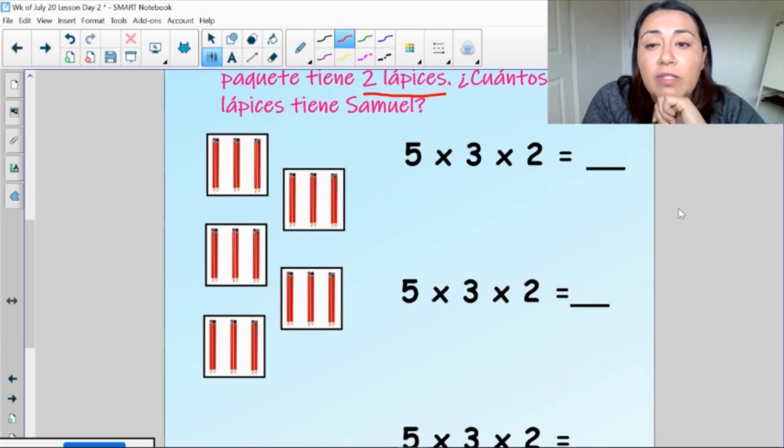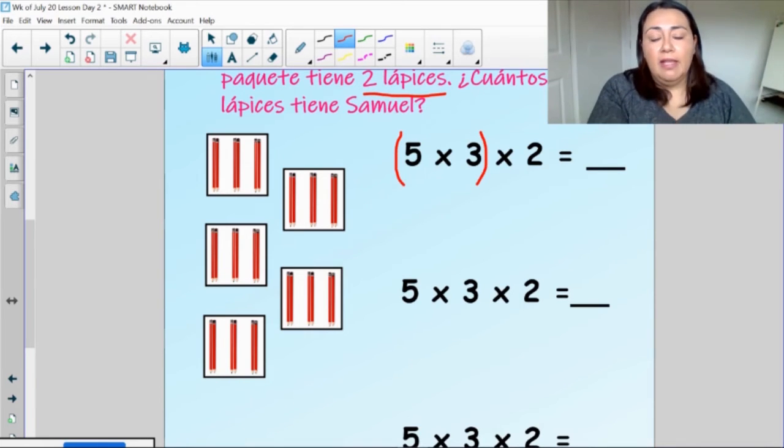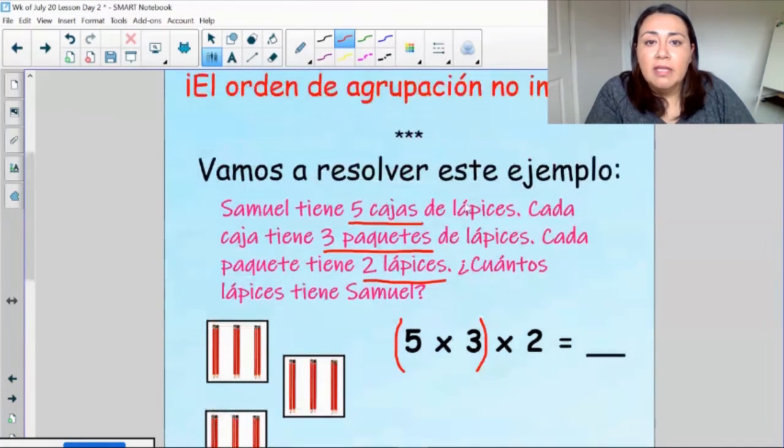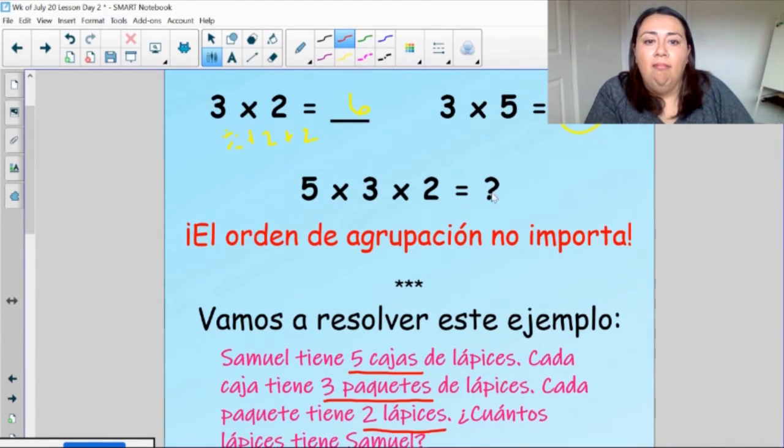Si hay 5 cajas, y 3 paquetes en cada una, primero podemos hacer 5 por 3. Si recuerdan, ya lo habíamos hecho. 5 por 3 es lo mismo que 3 por 5. Así que ya sabemos que la respuesta es 15.